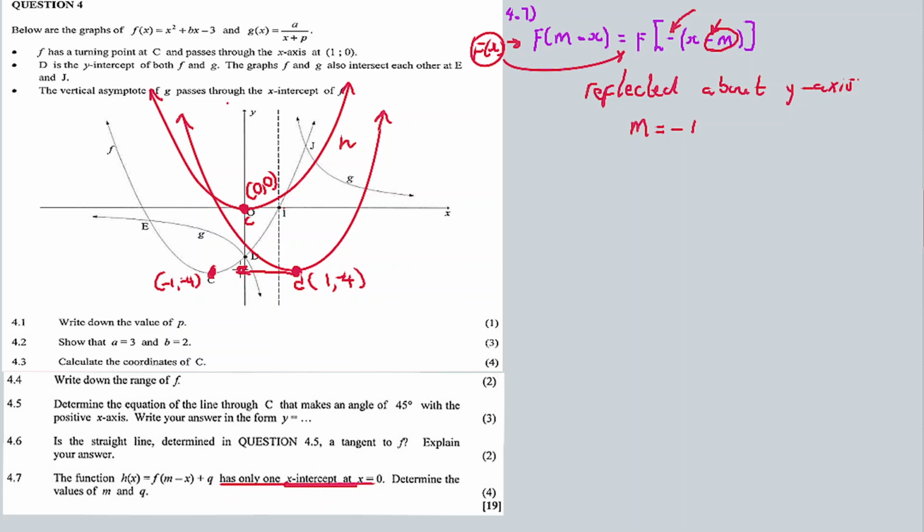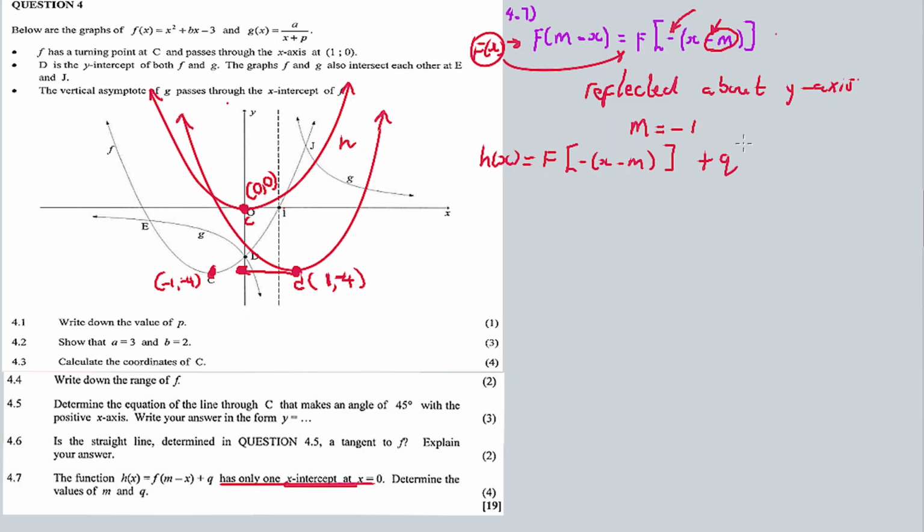So it's +1, -4 here. And then don't forget this q, right? Don't forget q. So f of minus x minus m plus q, all this is equal to h of x.